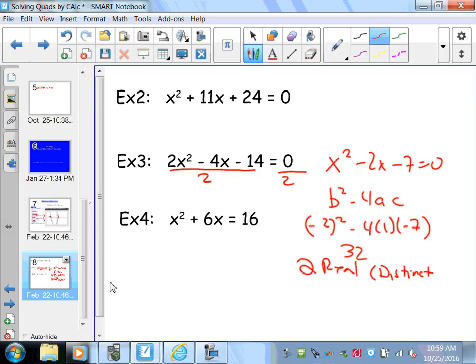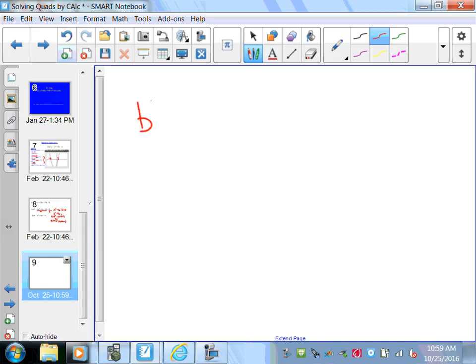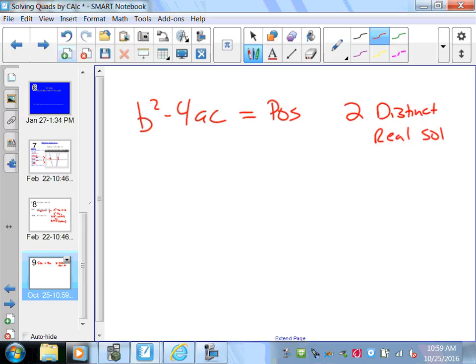right? So for the discriminant, if you have b squared minus 4ac, if it's equal to a positive number, then you have 2 distinct real solutions, right? What happens if it's a negative number? 2 imaginary numbers.